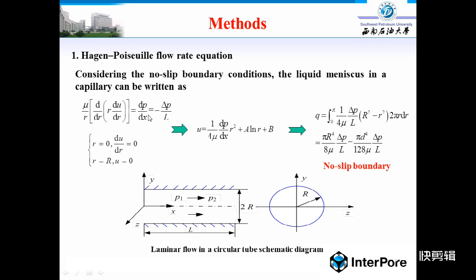The maximum velocity is at the center of the circle, where the velocity gradient is 0. The boundary condition is gained. Then the circular capillary velocity distribution u and the Hagen-Poiseuille flow rate Q can be obtained.